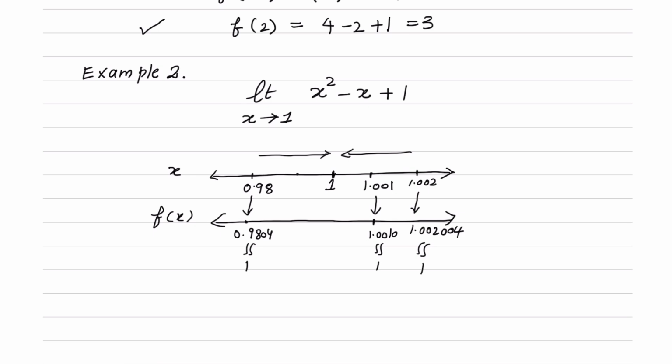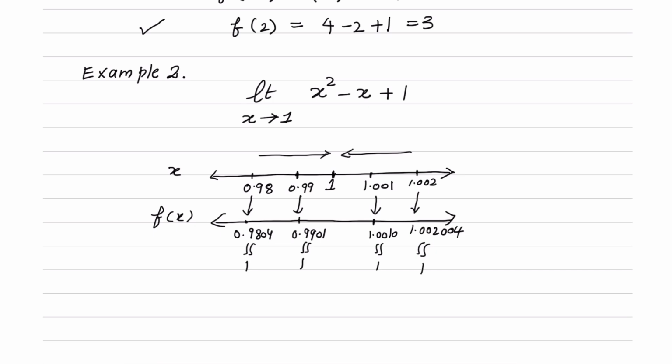Let's get closer to 1 on the left hand side by picking the value 0.99 and see what we get for f of x. When we plug 0.99 in the function, we get 0.9901, which is again approximately equal to 1.